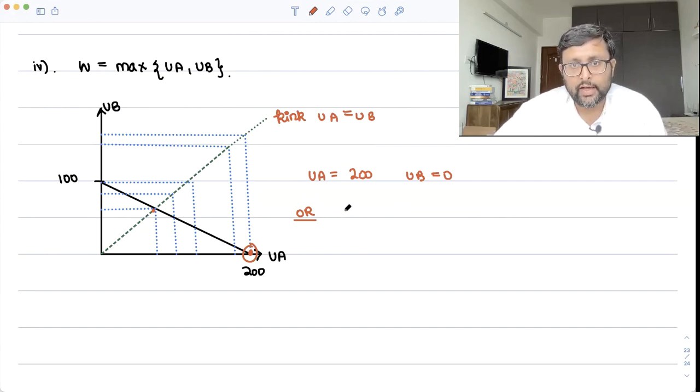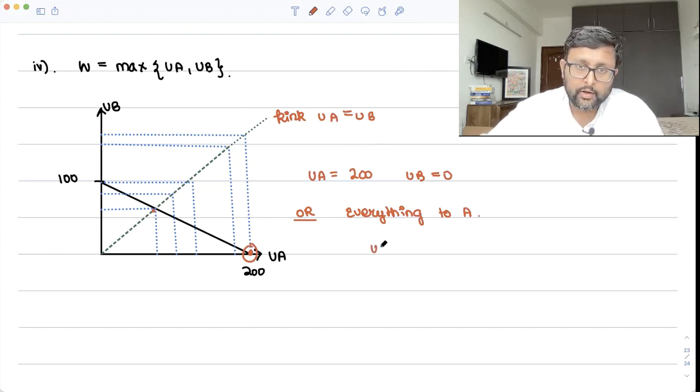So either you will give everything to A, and your utility possibility frontier is UA plus 2UB is equal to 200. So if you give everything to A, it becomes like this.